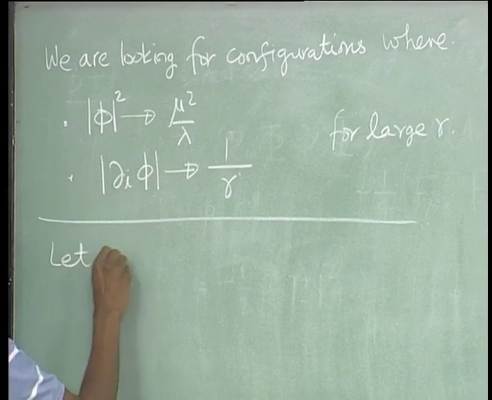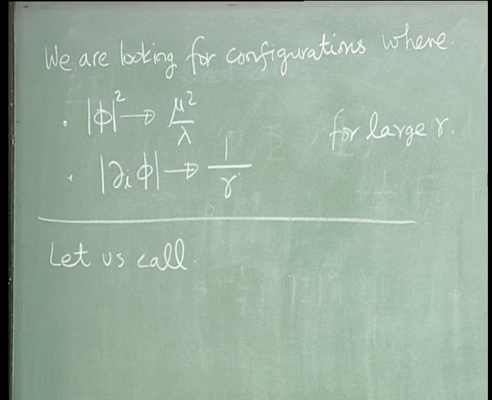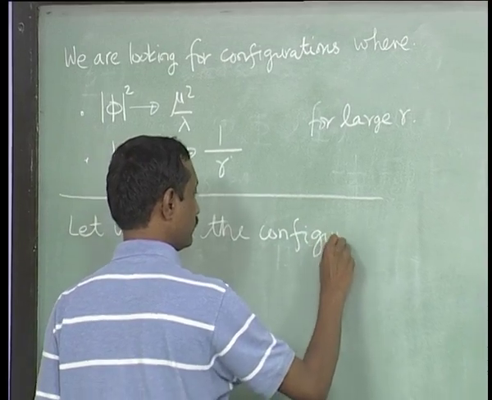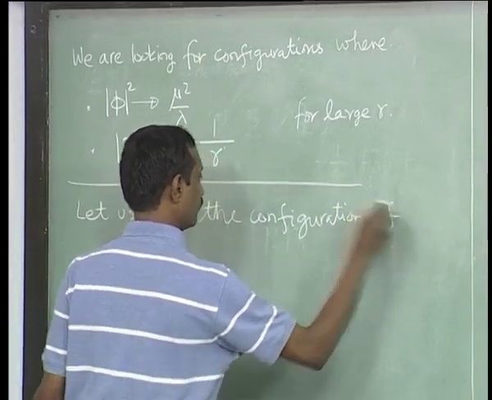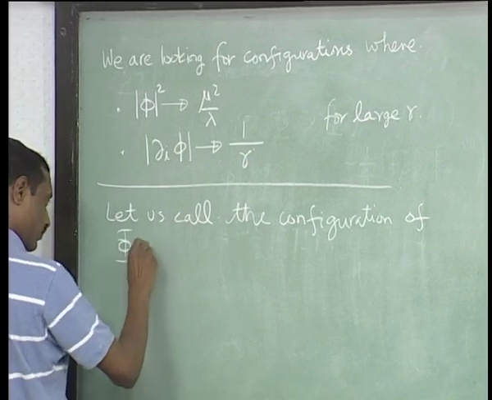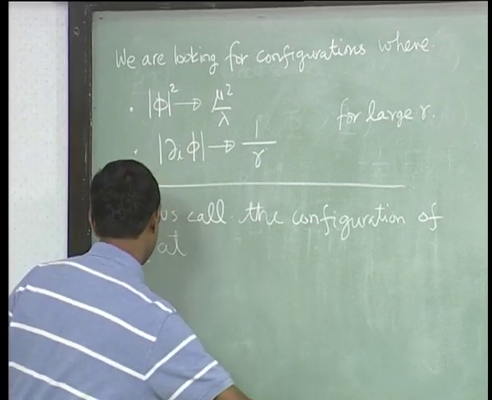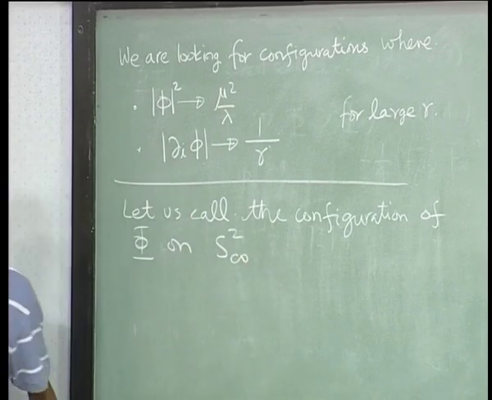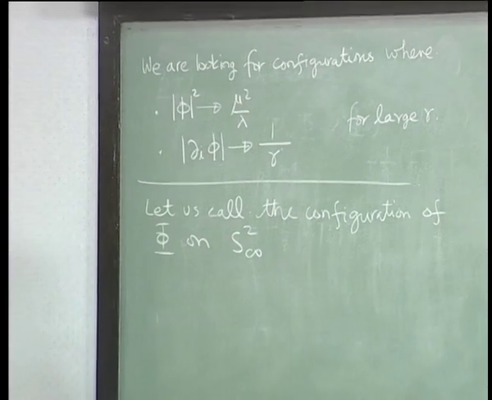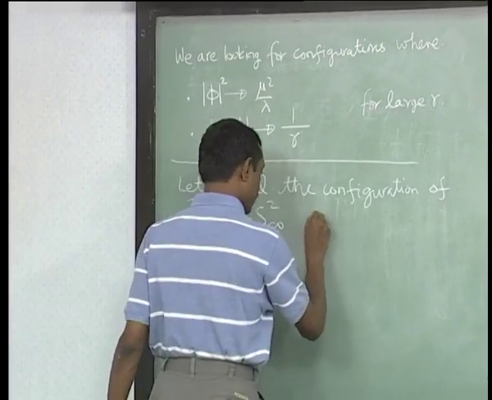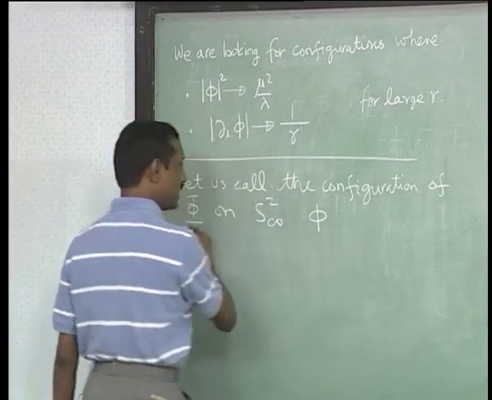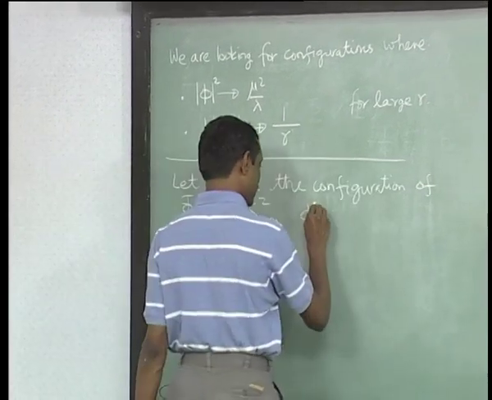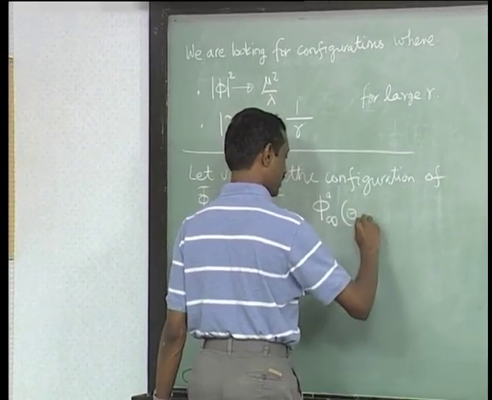Let us call the configuration of phi on S2 at infinity, on the sphere at infinity. There are only two variables, theta and phi. So we just call it phi infinity. I will keep going back and forth between the matrix form and this, depending on which is convenient. I will just call it phi^a infinity of theta and phi.